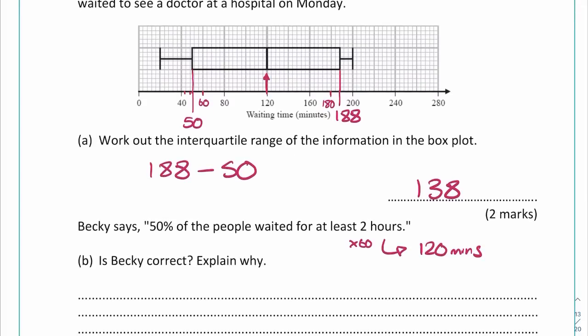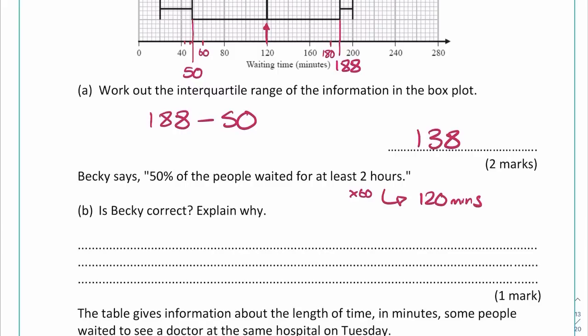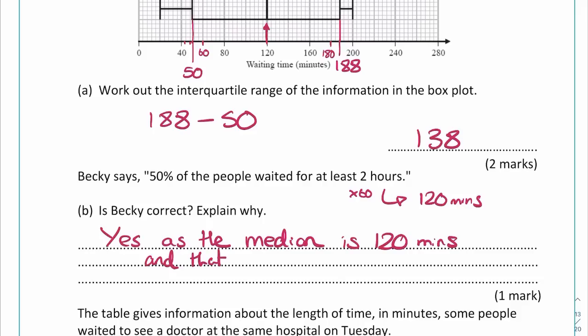So they are on 120. So is Becky correct? 50% of the people? Yes, as the median is 120 minutes, and that is 2 hours. There we go. And there we go, there is an explanation for the median.